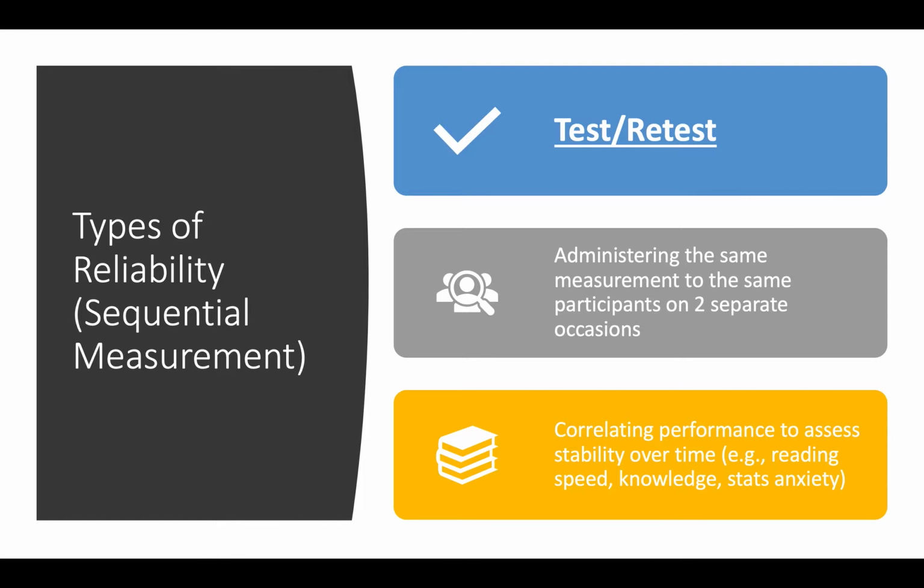So let's say that I've developed a measure of statistics anxiety, and that determines how anxious statistics makes students in general. If I gave you all this inventory, say on Tuesday, and then gave you the inventory again on Thursday, your scores should be extremely similar, right? They should be consistent over time, which gets down to the test-retest part of this reliability.